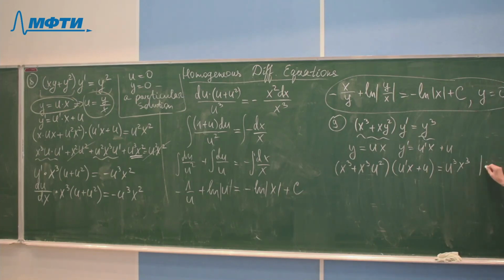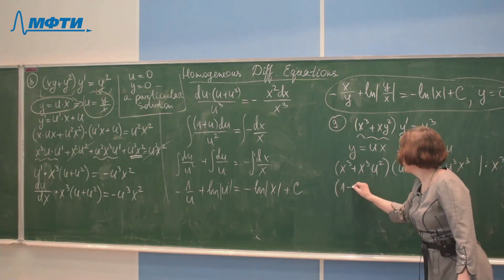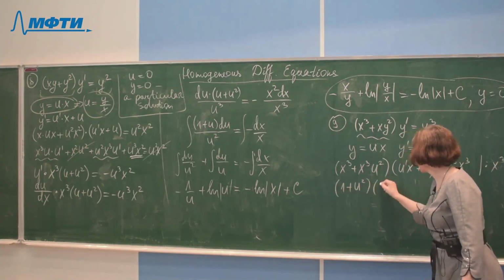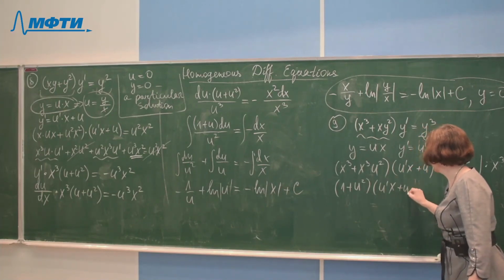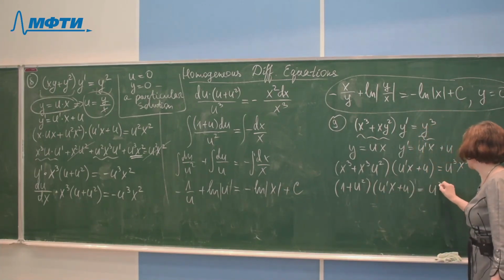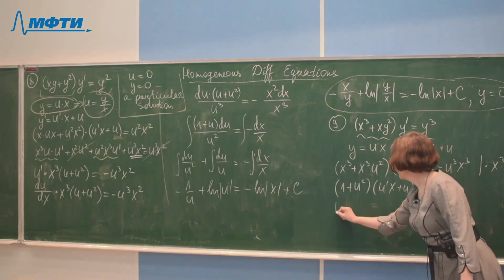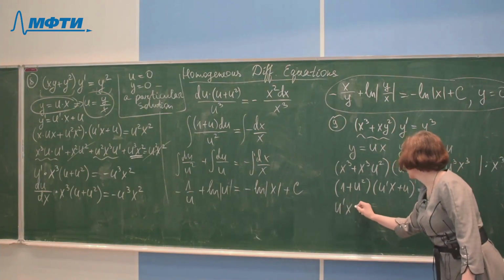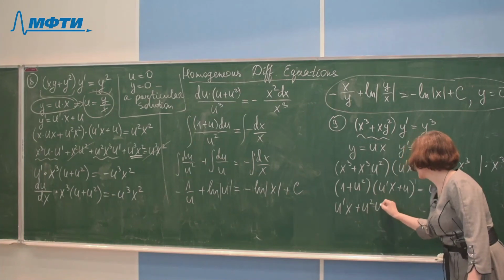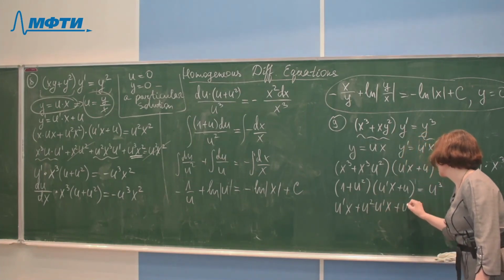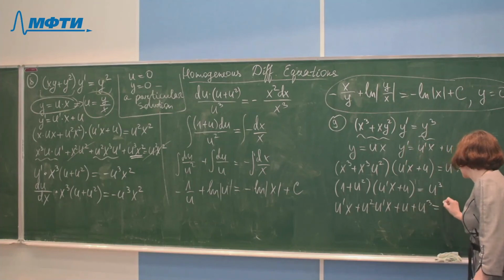Maybe we will divide both parts by x cubed. I think this will simplify our computations. Then we will get 1 plus u squared times u prime x plus u equals u cubed. Next, expand: u prime x plus u squared u prime x plus u cubed equals u cubed.